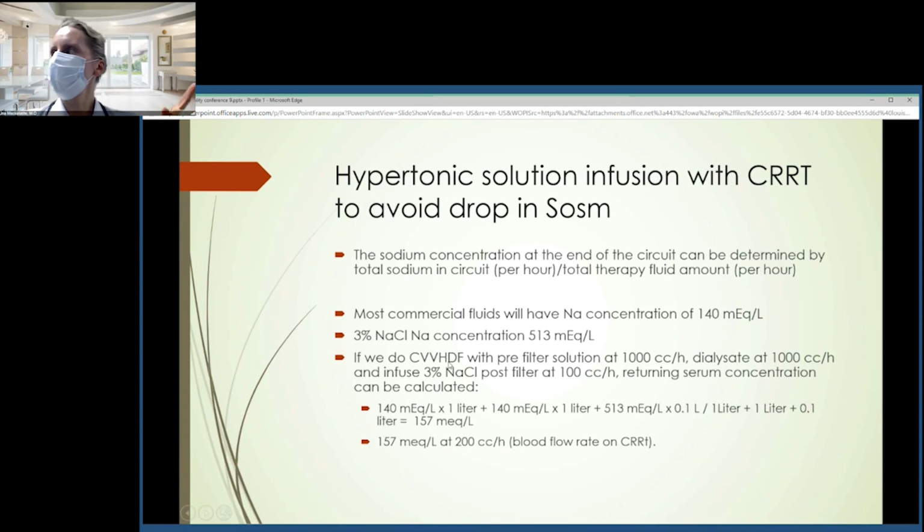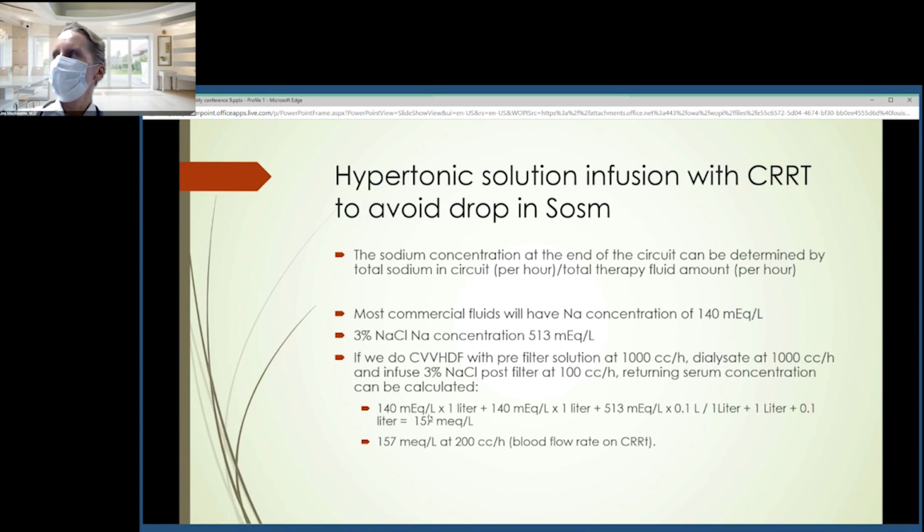So if we do CVVHDF, continuous venovenous hemodiafiltration, which we do at Jewish, and we do pre-filter solution at 1000, dialysate at 1000, and infuse 3% sodium chloride post-filter at 100, which becomes your post-filter fluid replacement, let's say, then a returning serum concentration can be calculated.